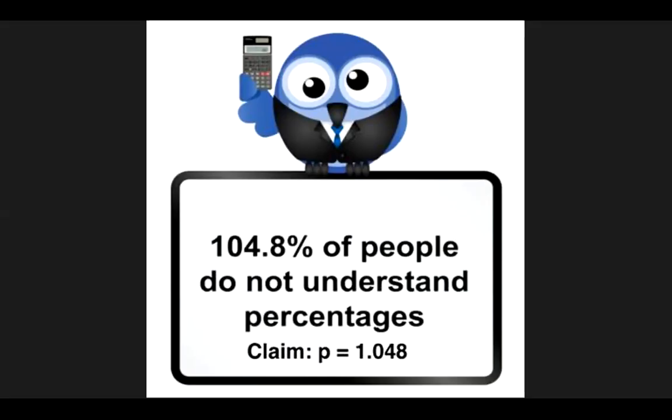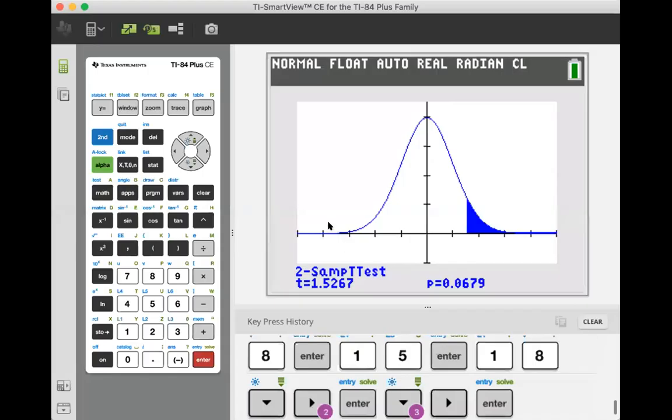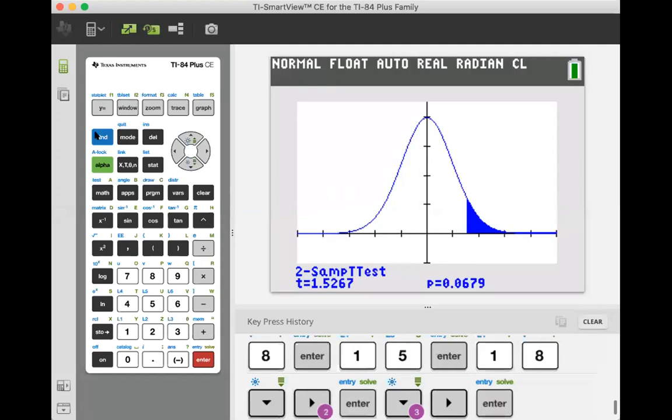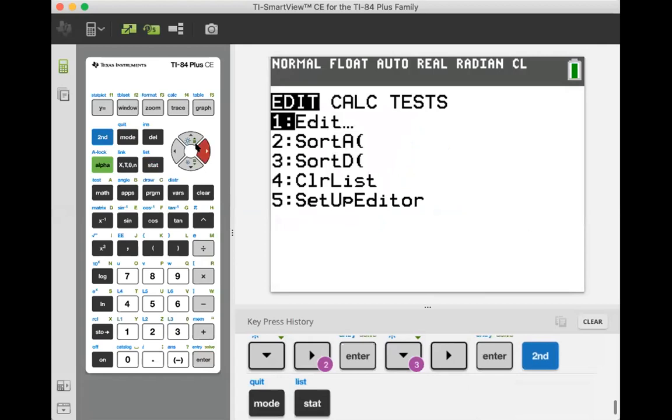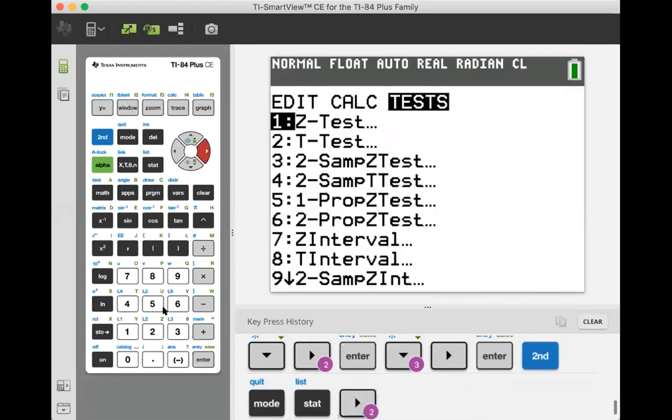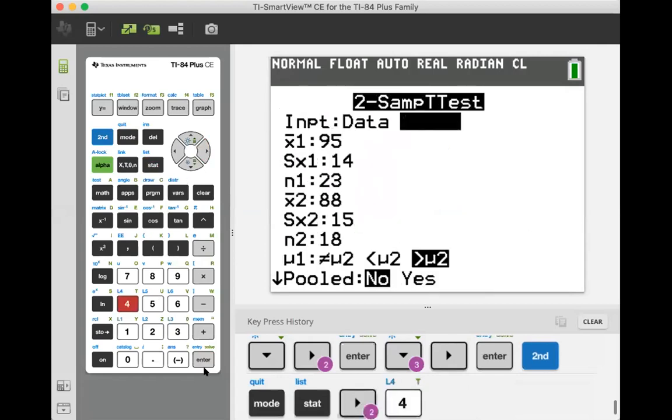Oops, let me stop sharing and share the calculator. Let's clear this out. Let's do stat, right arrow to calc, number 4. And again, we want 37.5, 5.5, and 35.